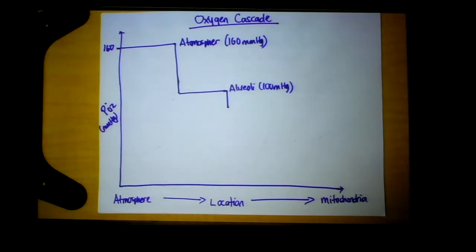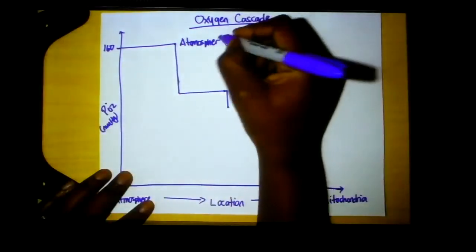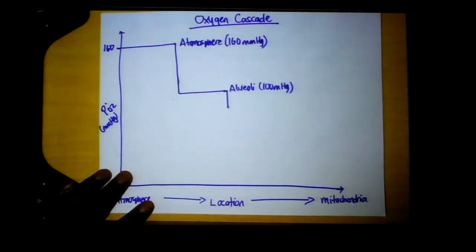What's something else we said the conducting zone helps with? Humidifying, yeah, so humidification of the air as it's moving through that part of the bronchial tree. So that addition of water, that addition of moisture to air is another reason we see this large drop off in the partial pressure, okay?